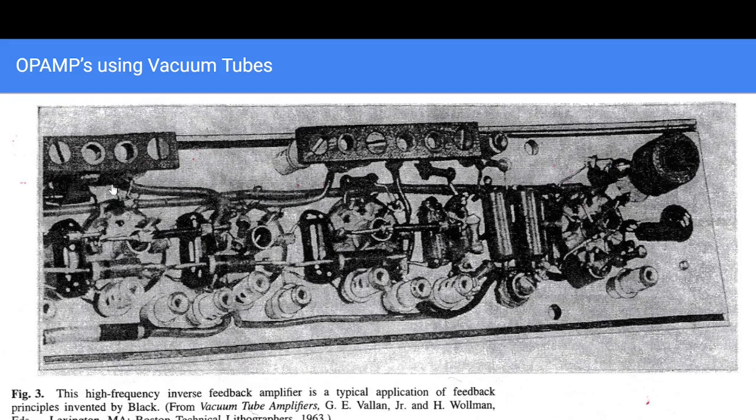That's why a lot of safety measures are being taken here. But anyhow, this high frequency inverse feedback amplifier is a typical application of the feedback principles invented by Black, and that was back in 1963. So again, amplifier OPAMPs using vacuum tubes.